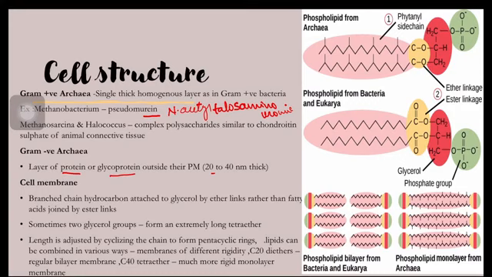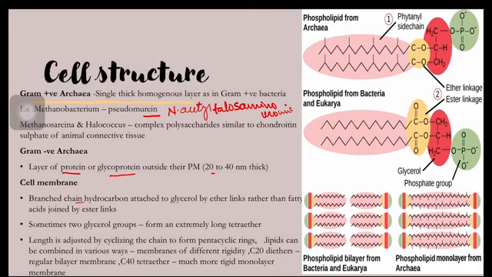Now, the plasma membrane in the archaea is quite distinctive. In the presence of lipids, they differ from bacteria and eukaryotes, having branched chain hydrocarbons.